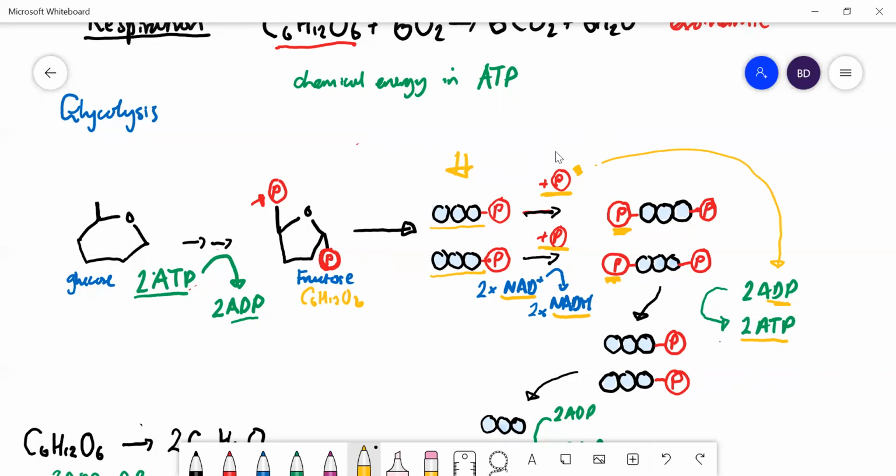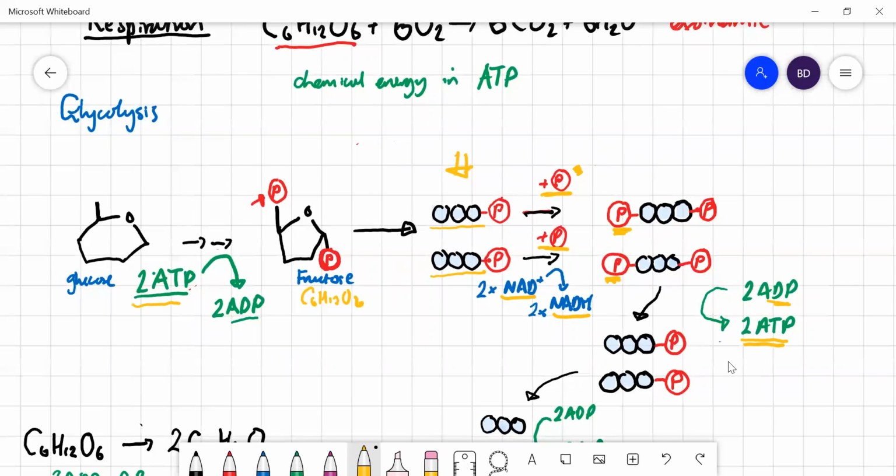So that's good because you're getting some high energy intermediate. Now you can see that we've made 2 ATP molecules, so we've broken even. We had to input 2 ATP molecules at the start per glucose, but we've got 2 back now, so that's even. So anything else now is going to be profit.